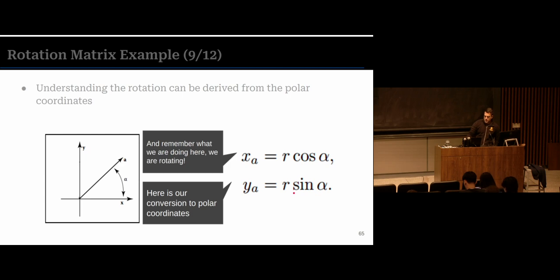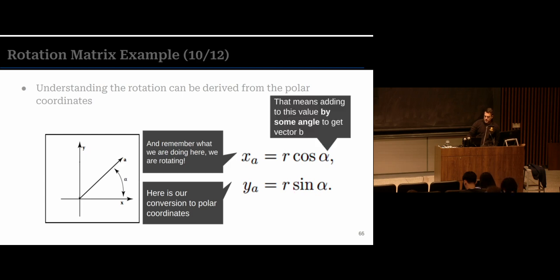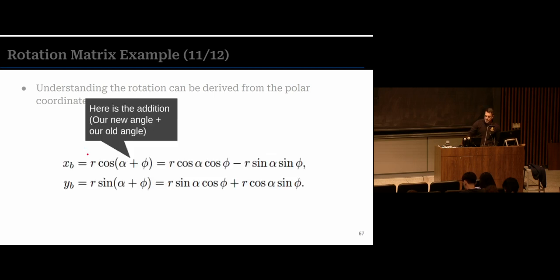All right, what are we doing? We're rotating. So what does that mean? I have to add some angle here, because we had this angle A, or alpha, if we're using the Greek term, and I'm going to add another angle to it to get that rotation. What does that mean? Oh, these guys here. So I want to do this addition, and then out of nowhere I threw out this formula here.